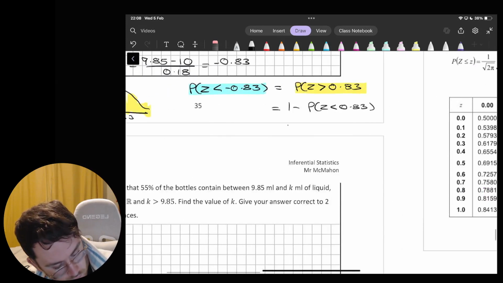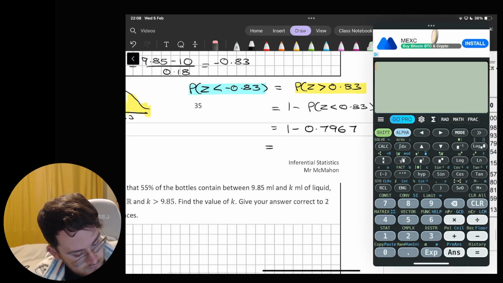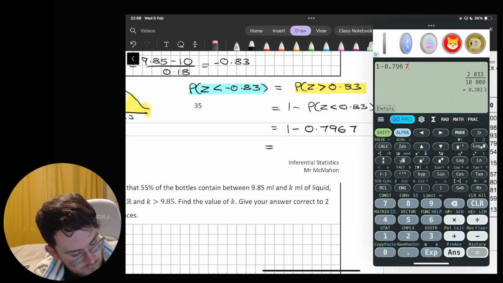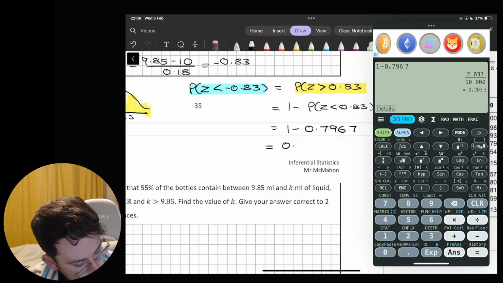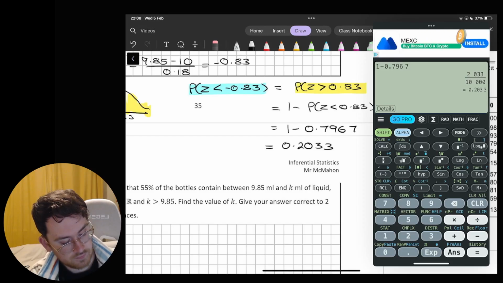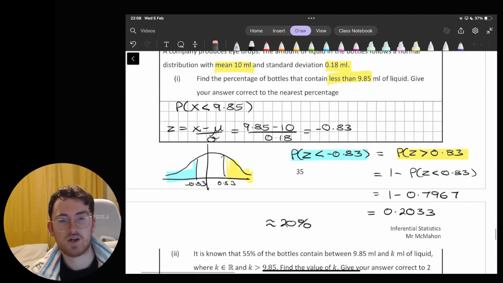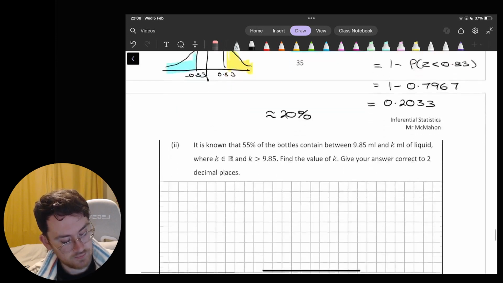So we're looking for 1 minus 0.7967. And I get an answer of 0.2033. Okay, so that's approximately 20% of bottles I would expect to have less than that amount of liquid in them.